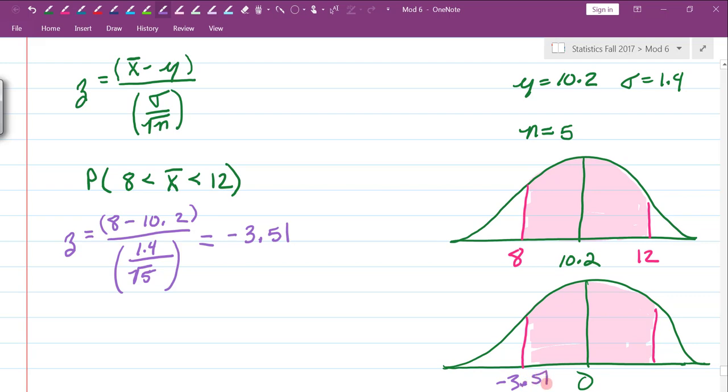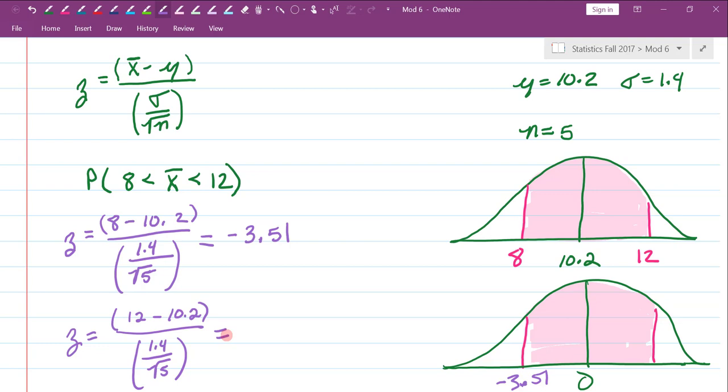So z is going to be equal to 12 minus 10.2 divided by 1.4 divided by the square root of 5. Again, punch this in your calculator. It's going to be parentheses, 12 minus 10.2, close parentheses. Hit your divide, open parentheses, 1.4, divide, do your square root, 5, close your parentheses, and equal.